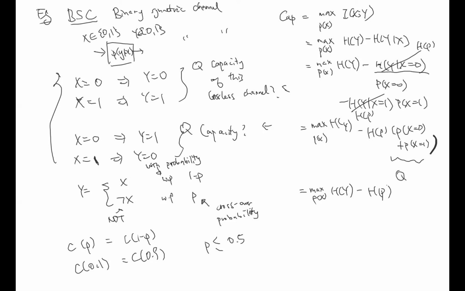What's the maximum of this then? First, H(p) does not depend on p(x), right? p is a parameter of the channel, the channel parameter, so H(p) itself is fixed. It doesn't depend on the input distribution, and so only H(Y) can be affected by the input distribution. So what is the maximum H(Y) here?